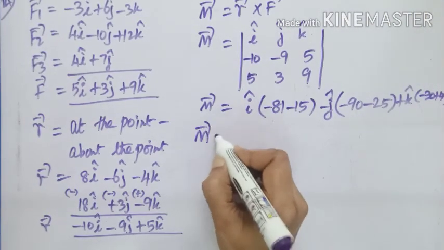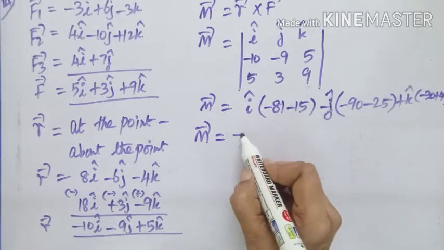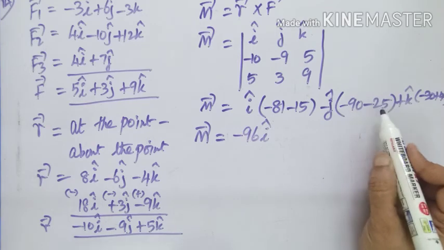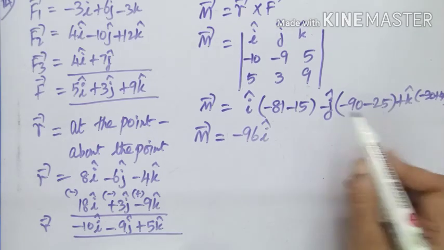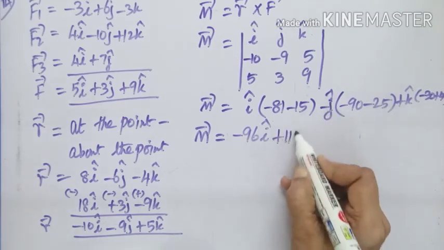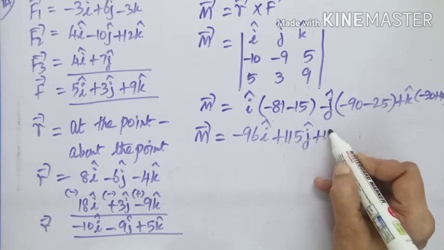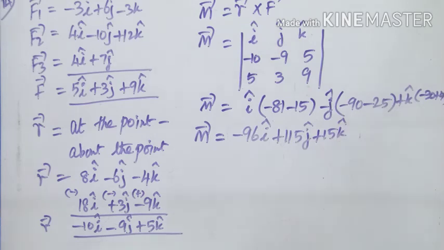Simplifying, M vector equal to minus 96I, minus 90 minus 25 is minus 115, into minus plus 115J plus 15K. So we are able to find what is M. In this question, we are asked only to find out M and that is the answer.